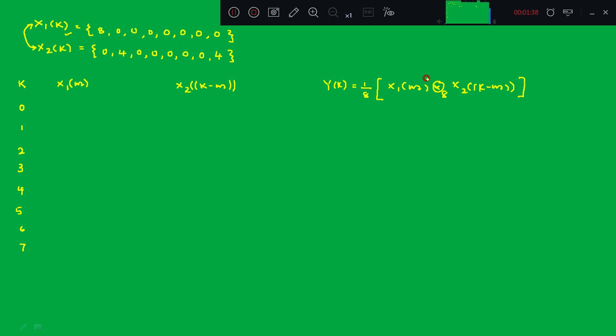If you see this circular convolution equation, we are not changing X1 of k; we are shifting the sample values circularly from the second sequence X2 of k. So we will keep the first sequence as it is.